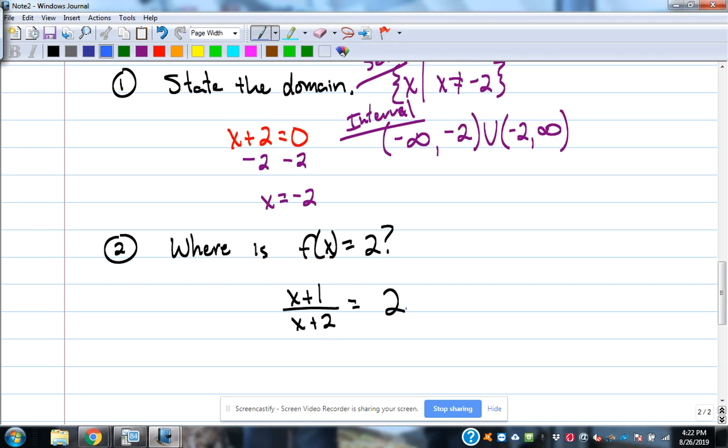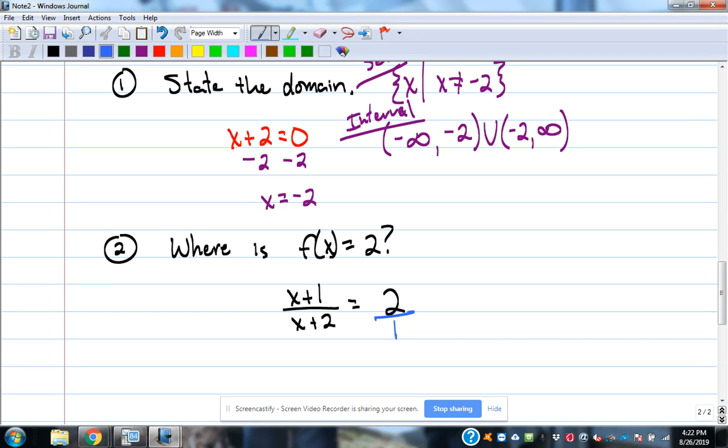It may look difficult now because it's a big fraction, but if I make it into a fraction equal to a fraction, y'all remember what those are called? Starts with a P, ends with a proportion. You remember doing those? Y'all remember how to do proportions?